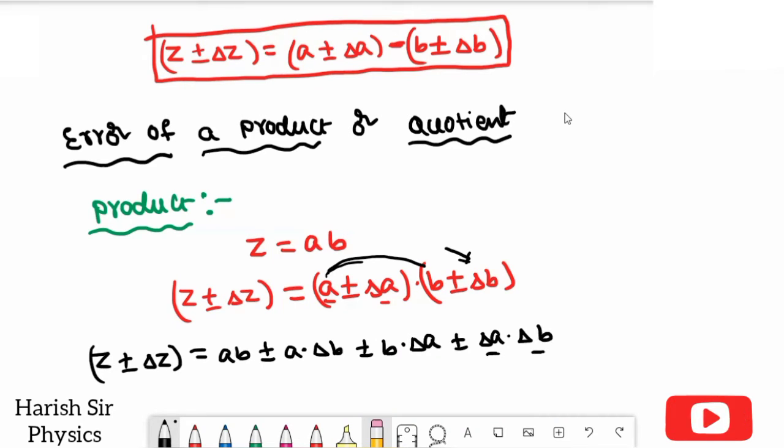So I'm going to neglect this one. Delta A and delta B are so small that if we multiply them, we get an even smaller value. So neglect.